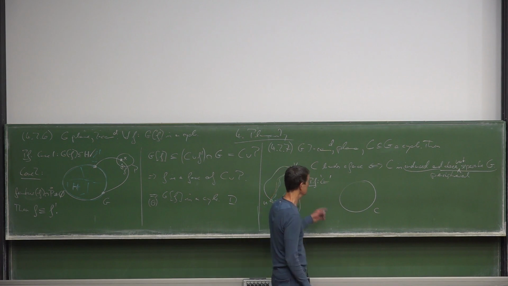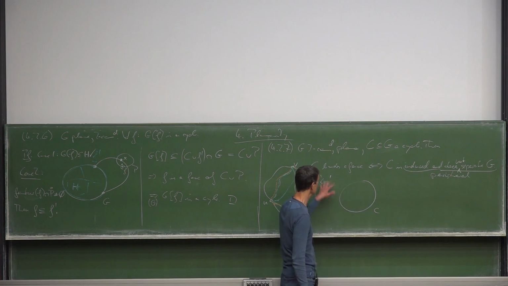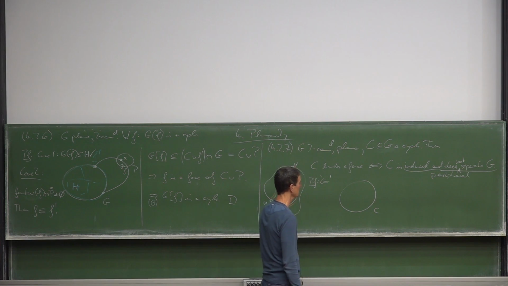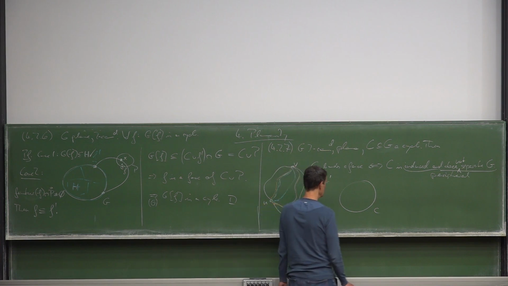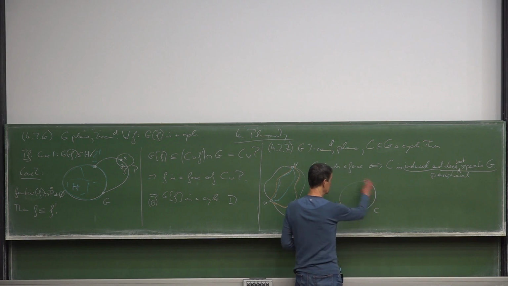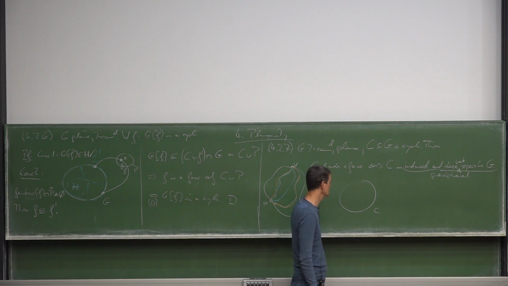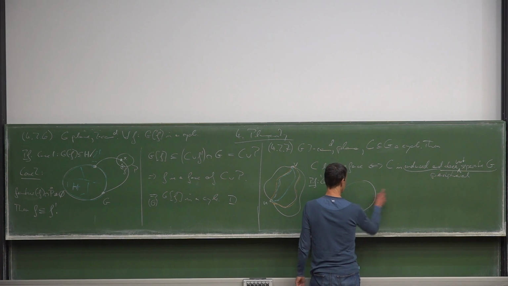Right, so let's prove the backwards implication by contraposition. So we're assuming that C does not bound a face, and let's show that it's not induced or separates G. So if it doesn't bound a face, C in a plane graph is a circle. Topologically, it separates the plane into two components, inside and outside. That's the Jordan curve theorem.